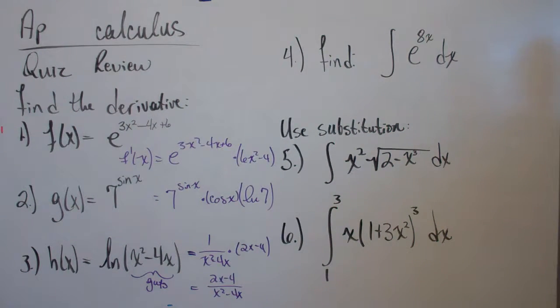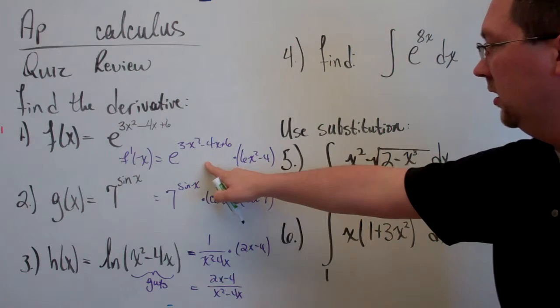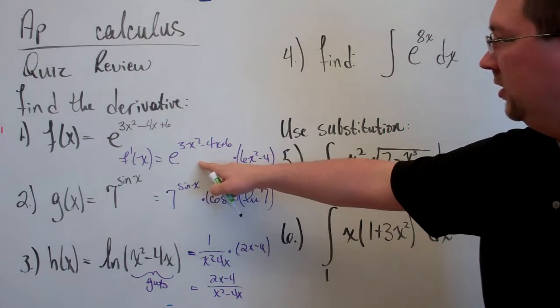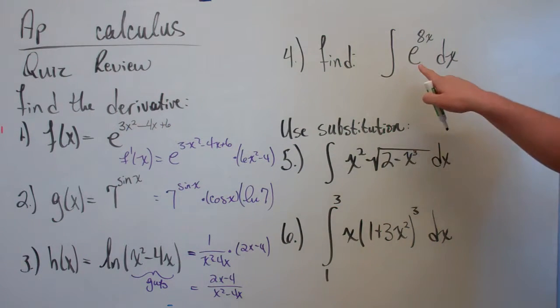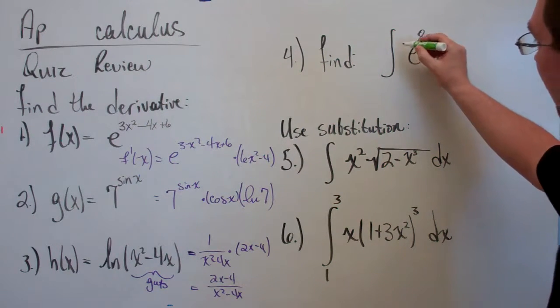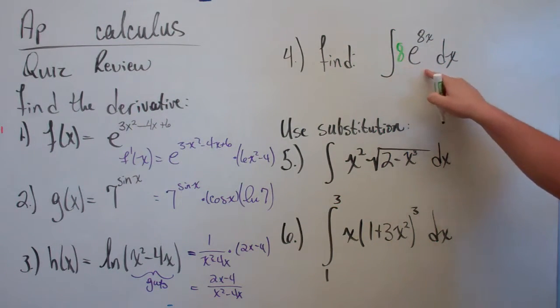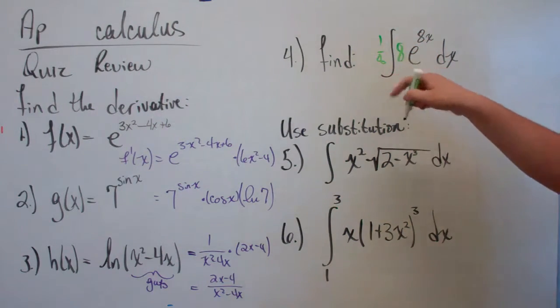Number 4, find the antiderivative of e raised to the 8x. Well, if you remember from over here, when you take the derivative, you just rewrite it and multiply by the derivative of the exponent. Well, here we don't have the derivative of the exponent. So what is the derivative of 8x? Well, it's 8. So we have to put an 8 here in front. And then since we added an 8 here, we've got to multiply by 1 over 8, so it cancels it out.